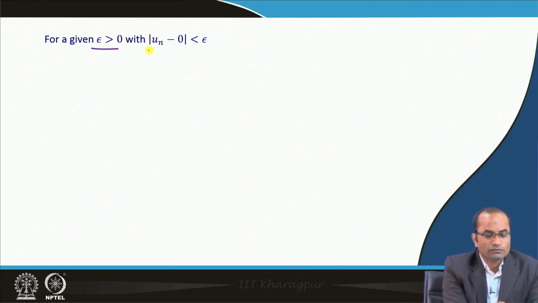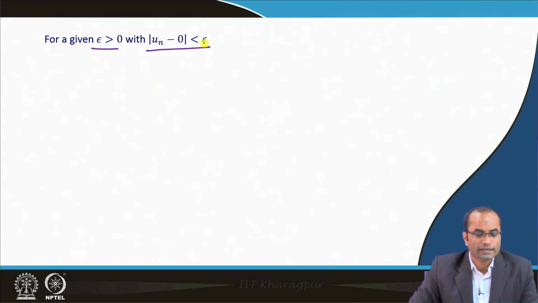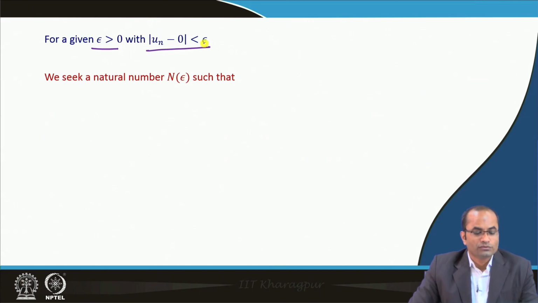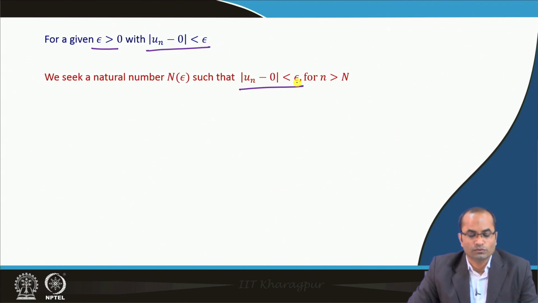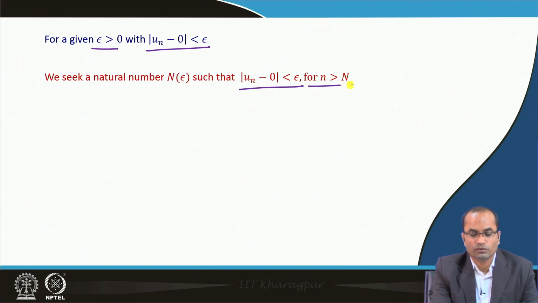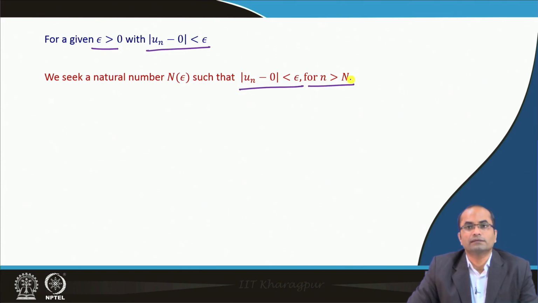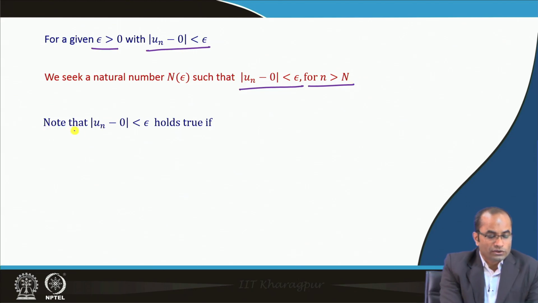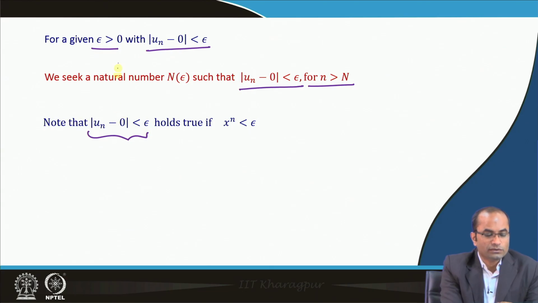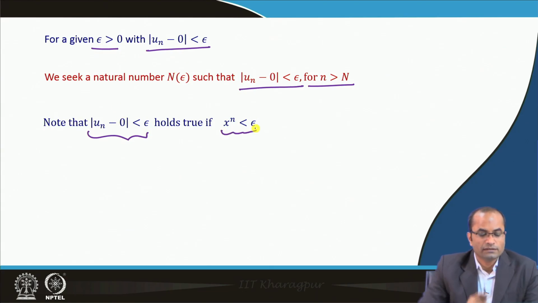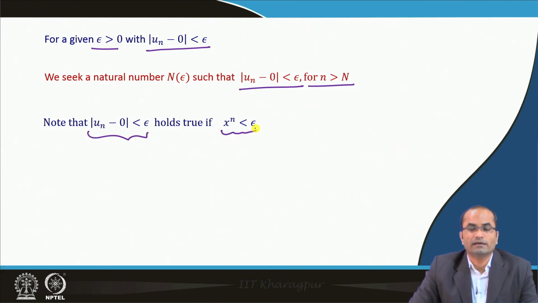So, for given epsilon, with |u_n - 0| less than epsilon, we seek a natural number N which depends only on epsilon such that this difference can be made less than epsilon. Epsilon is any given arbitrary number, and this should hold for all n greater than this big N. Note that u_n is x to the power n, so we want x^n less than epsilon.